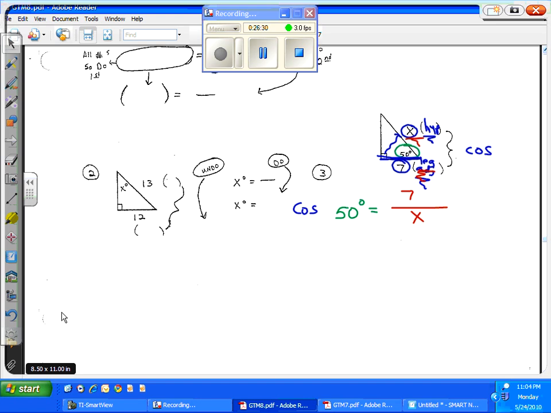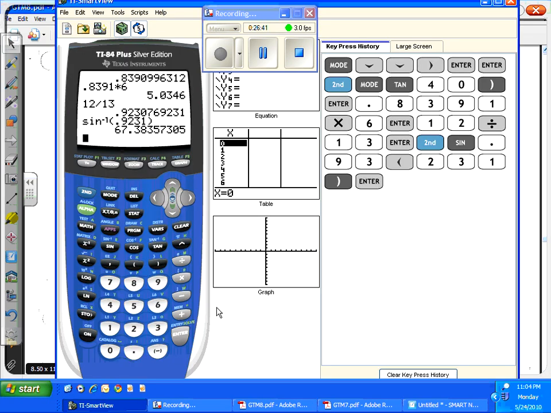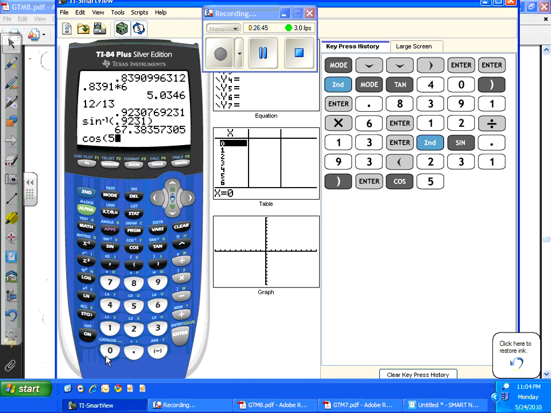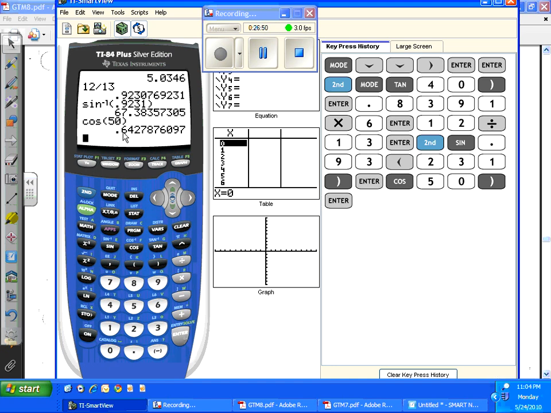Now, I'm going to do anything I can to simplify, and so I'm going to do cosine 50. So I go to my graphing calculator, I hit the cosine button, and then 50 close. I'm going to take it to 4 decimal places, 0.642.